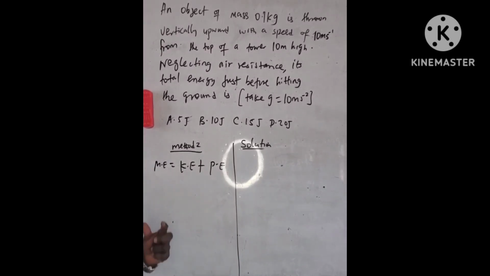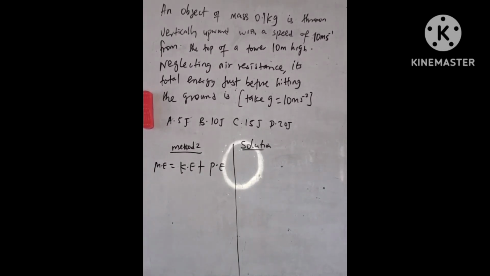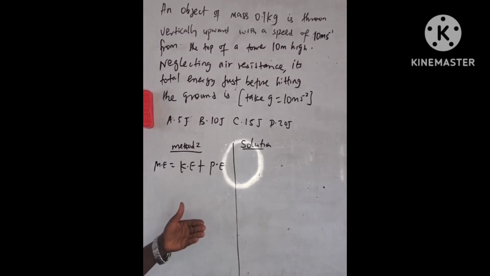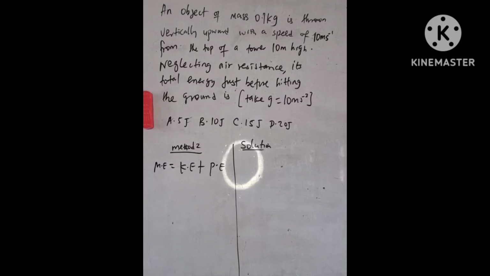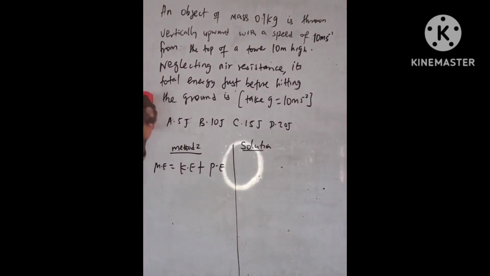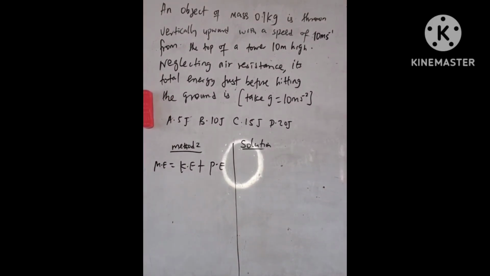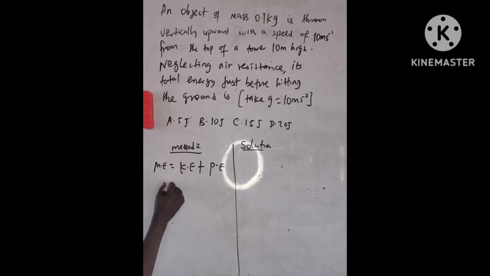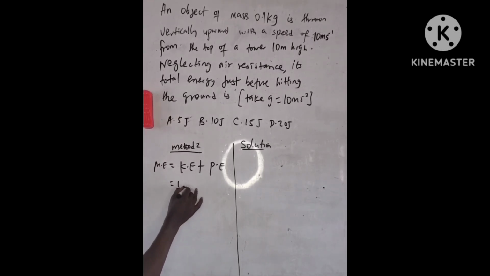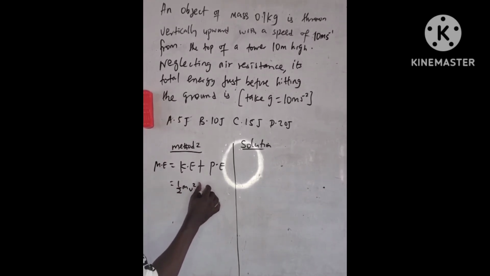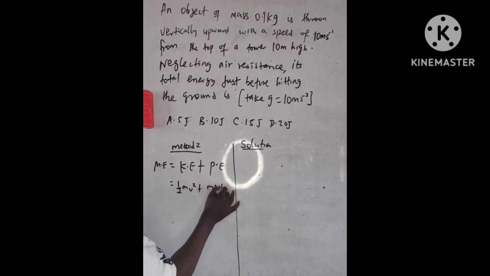The total mechanical energy possessed by the object is equal to potential energy plus kinetic energy. Now, since the object was released with an initial velocity of 10 meter per second, we are going to have that this is 1 over 2 mv squared plus mgh.